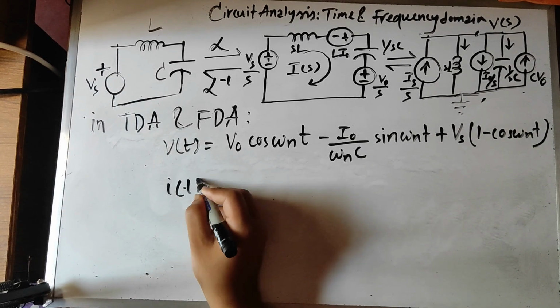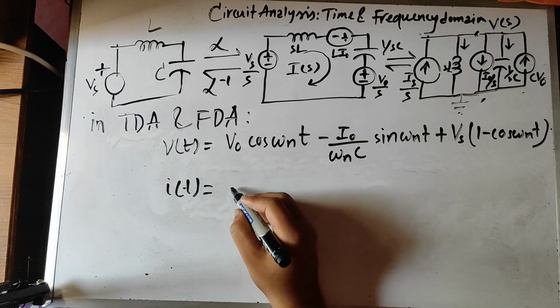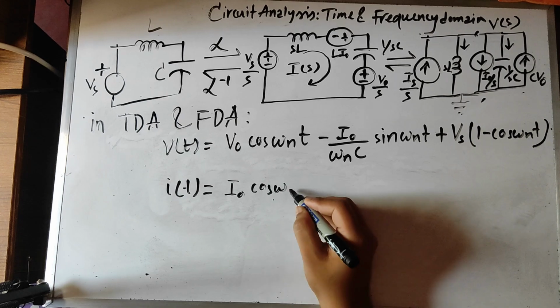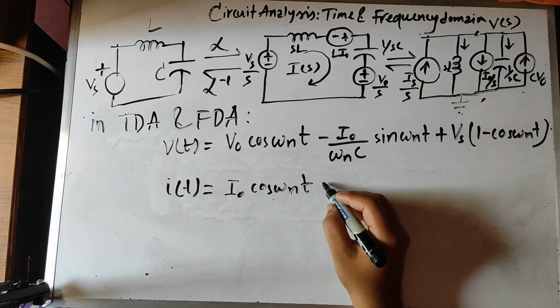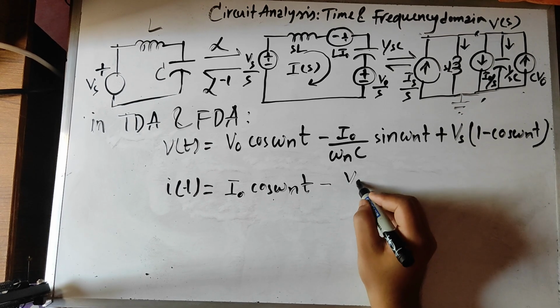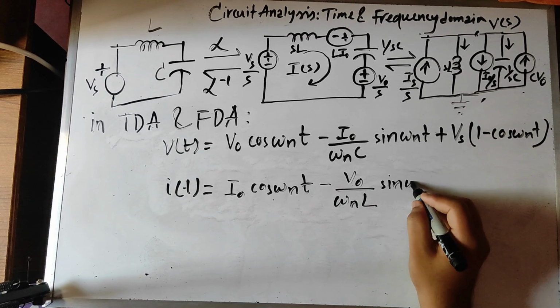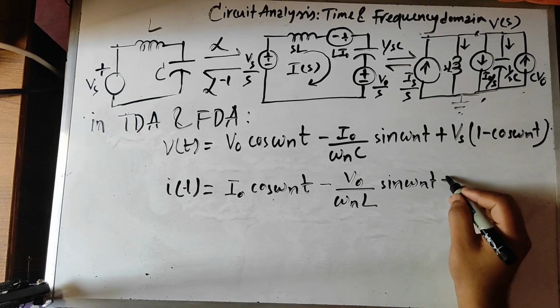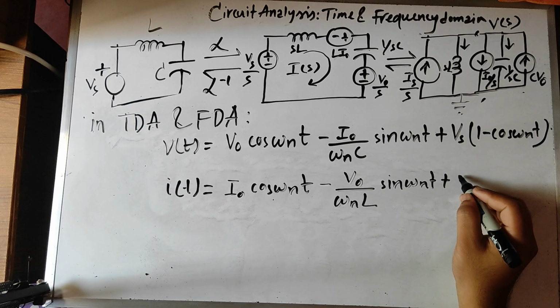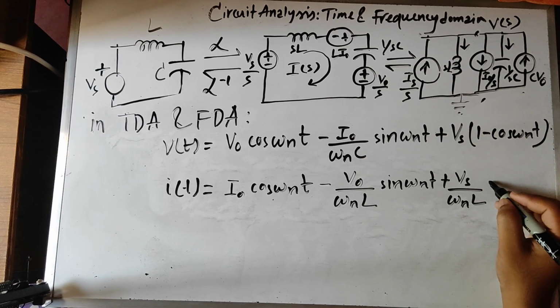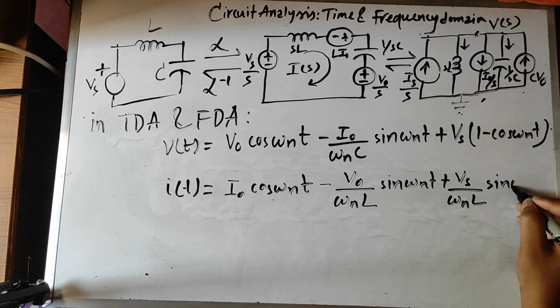And if you want to write this, so Io cos omega n t minus Vo by omega n L sine omega n t plus Vs by omega n L sine omega n t.